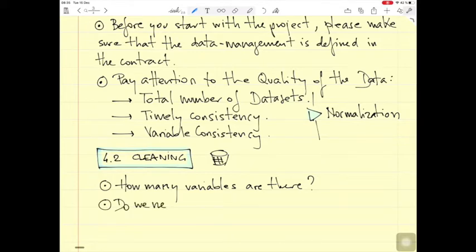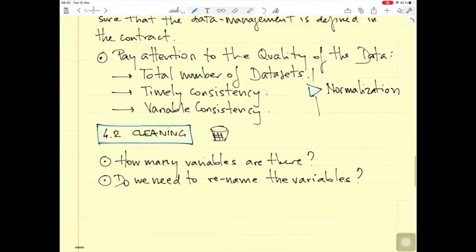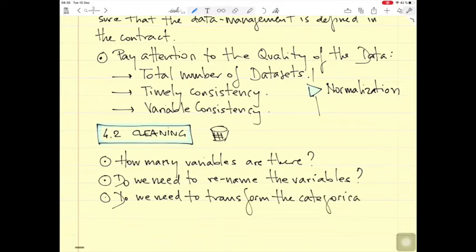Do we need to rename the variables? Do we need to transform the categorical variables?